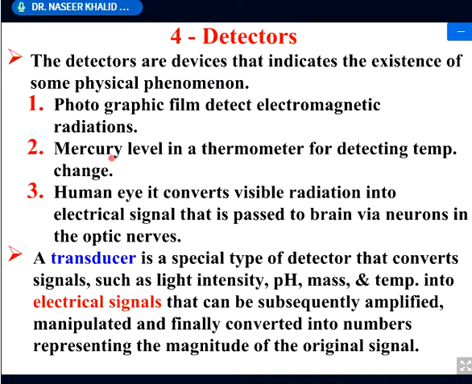Another detector you are familiar with is the mercury level thermometer for detecting the human body temperature. That is the detector. Similarly, the human eye converts the visible radiation into an electrical signal to the brain via neurons, through the optic nerve, and gives us a signal that something is in front of us.